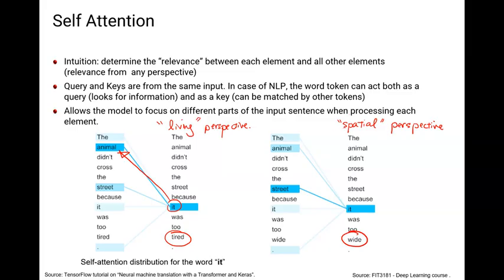Because when you talk about that word, it's related to spatial. So the street will be the best associated, the most relevant. So in other words, it really depends on what perspective, I always use this word perspective, you're referring to.